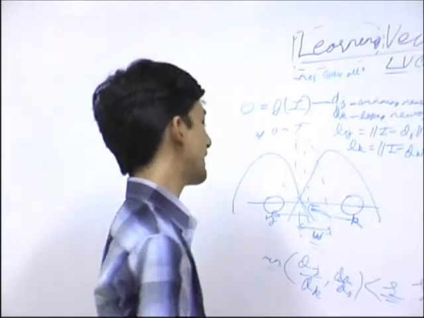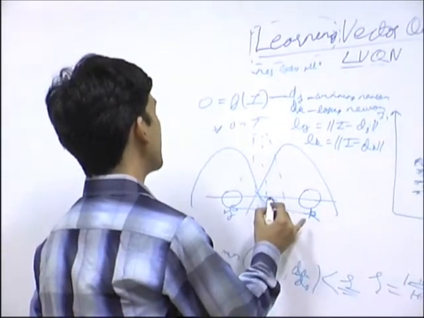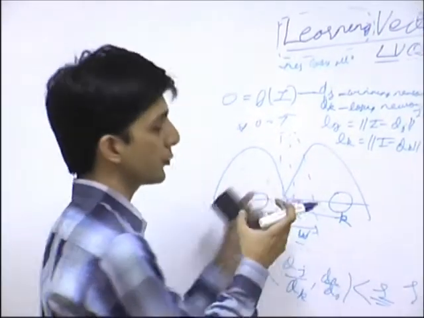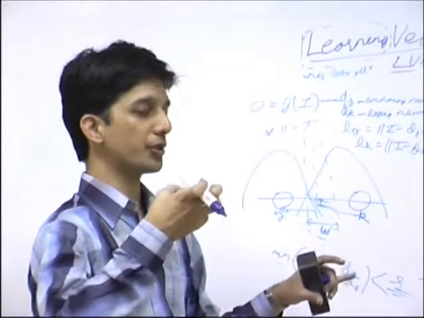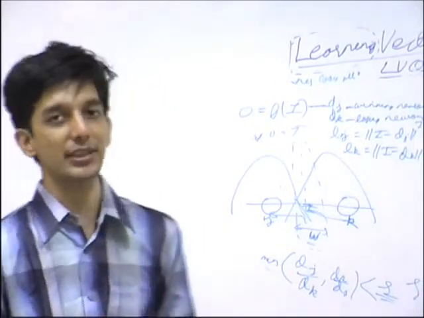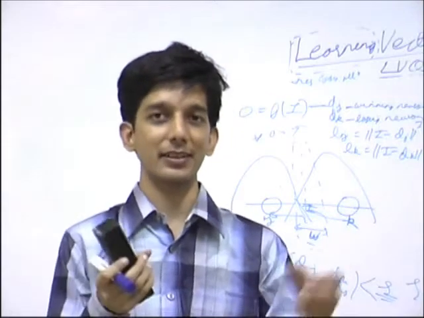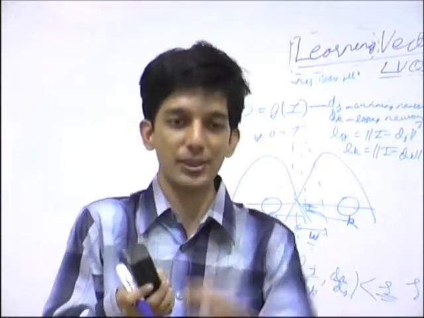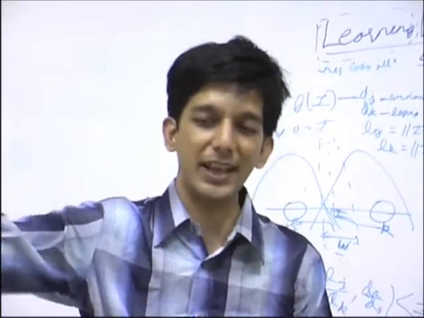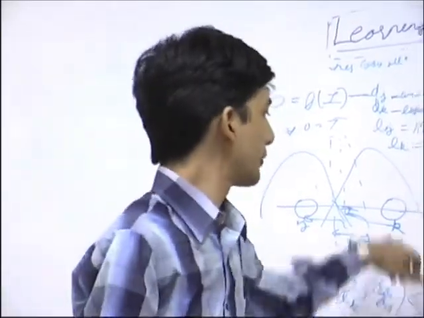If this is true, then I need to pull the neuron J towards the input, and I need to push the neuron K away from the input. So there are two things that I am doing here. I am trying to make the input and the network as close as possible. I am trying to attract the winning neuron, and I am trying to repel the losing neuron.